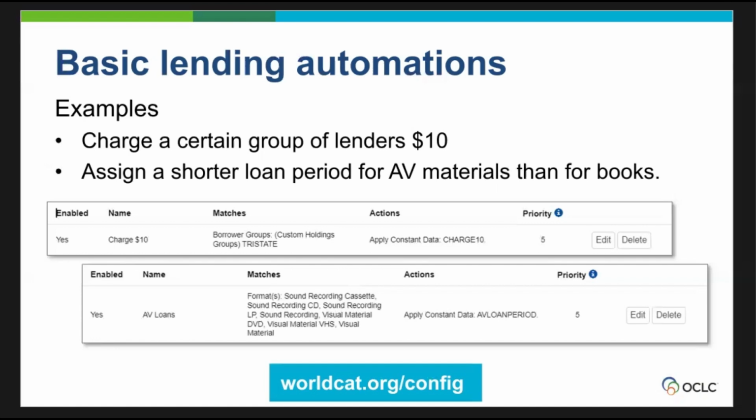These are things you can do so that the system automatically applies your constant data to charge $10. Or, like, your loan period. That's something else you can vary with your constant data depending on the format.